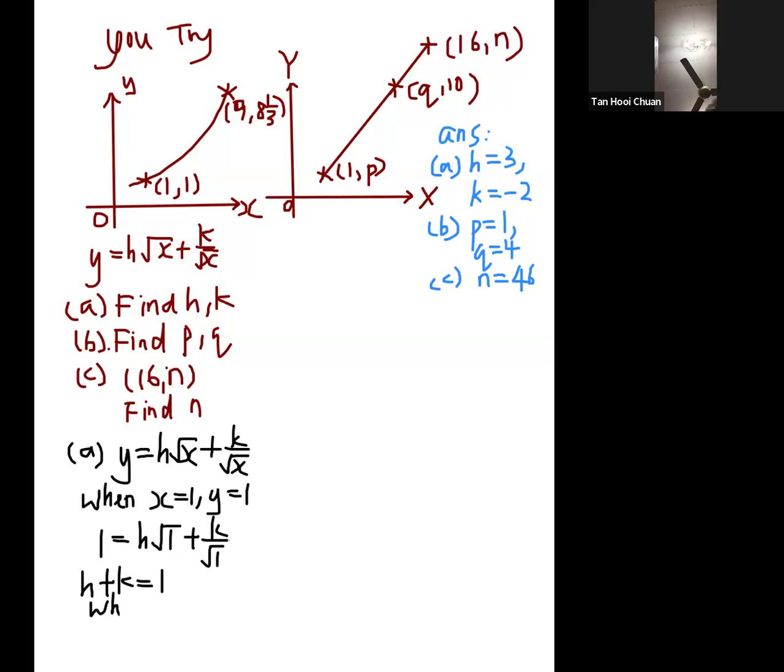So when x equal to 9, y equal to 8 1/3. So 8 1/3 equal to h root 9 plus k over root 9.